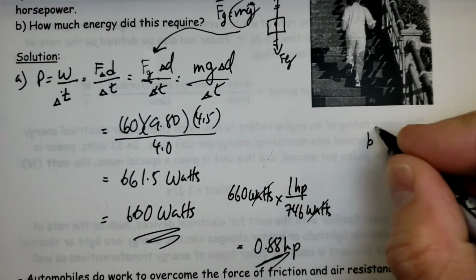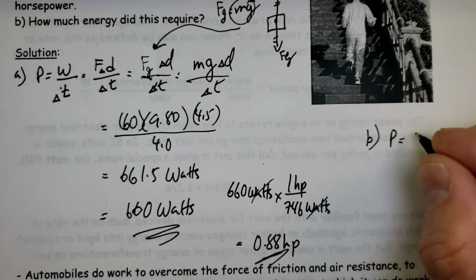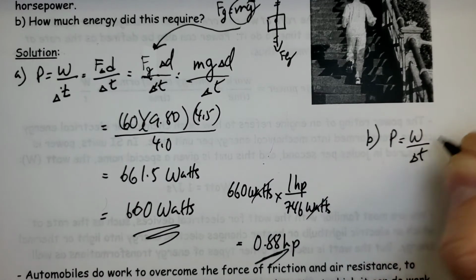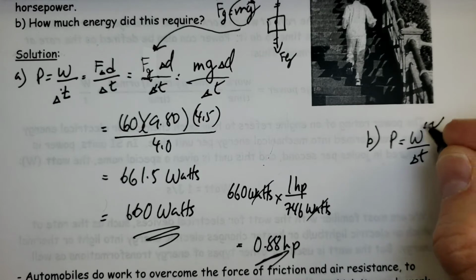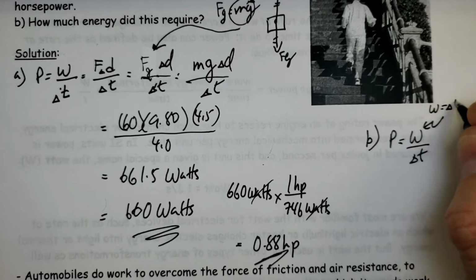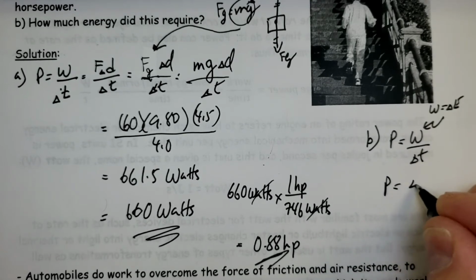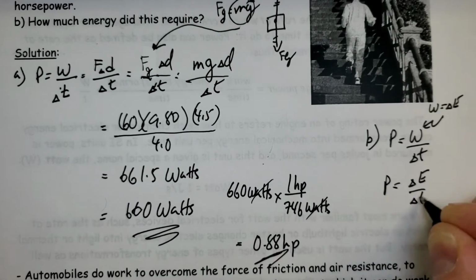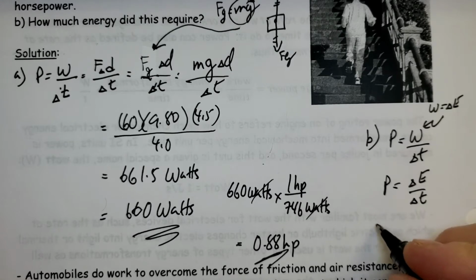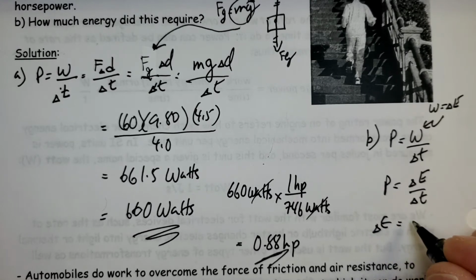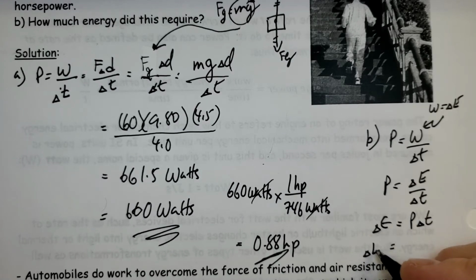B, how much energy was this? P over T. Now, of course, recall that W is change in energy. So we could substitute it, I guess, looking like that. Multiply each side. So work is change in energy, power multiplied by time.